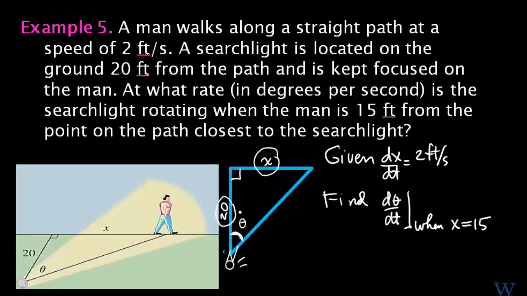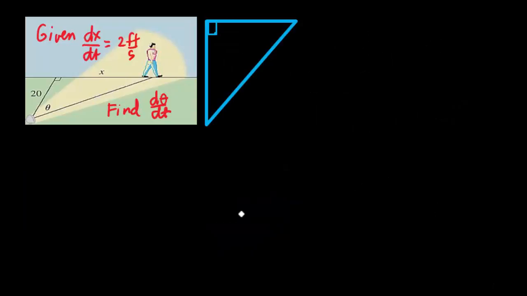Let's mark all these: that's x, that's 20, and then this is θ. So our equation is tan θ = x/20.